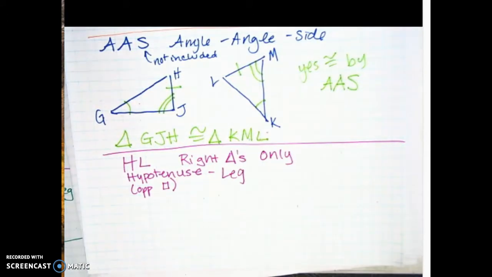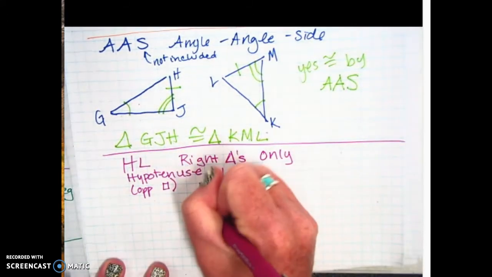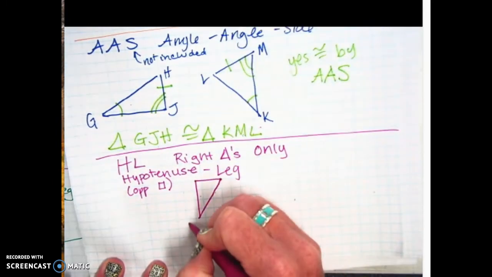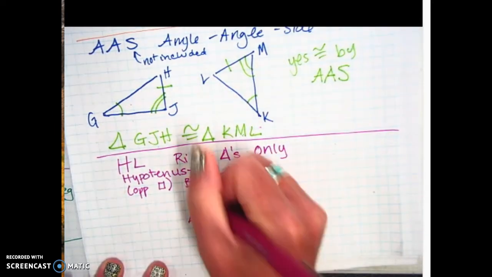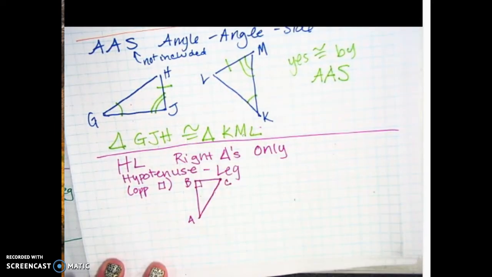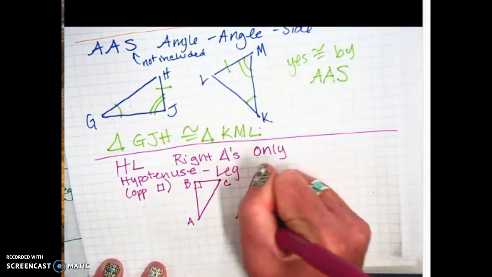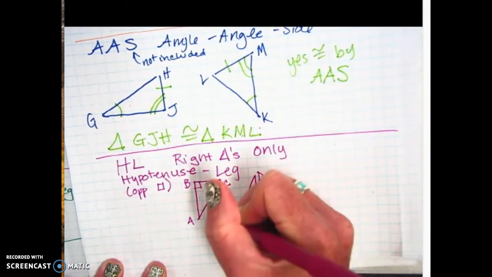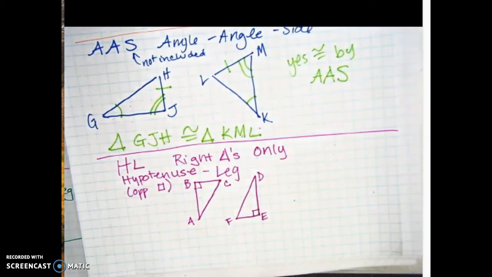So HL stands for hypotenuse leg. All right, so let's draw two triangles. I'm going to draw a right triangle, and we'll call this A, B, C. On this one, B is our right angle. And this one is D, E, F. And clearly the E is going to be our right angle.